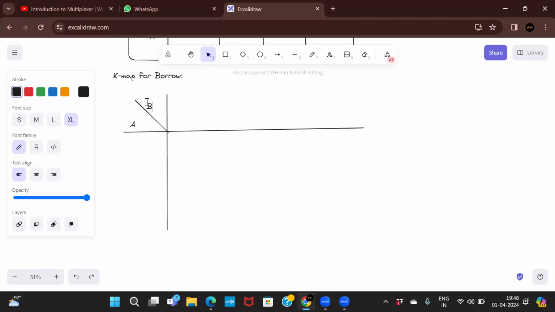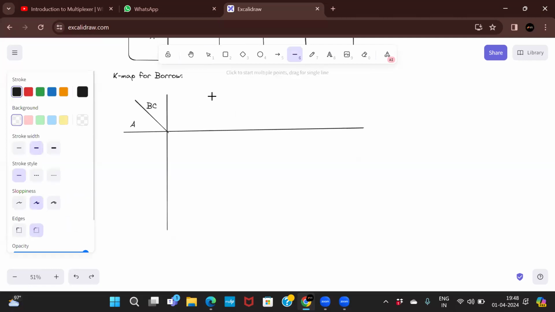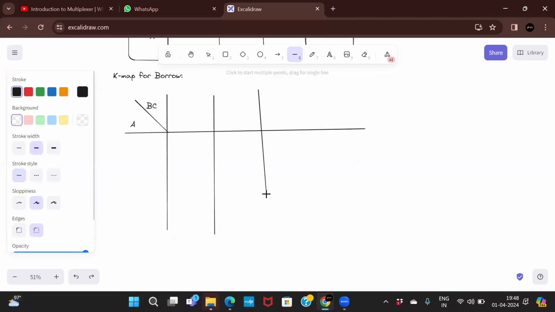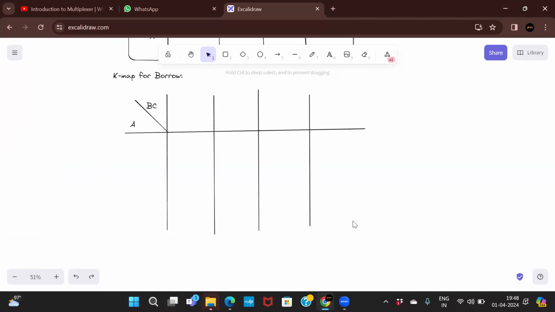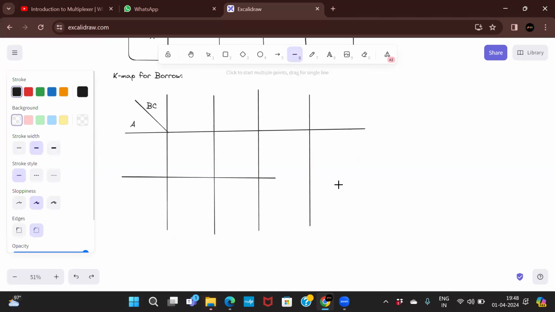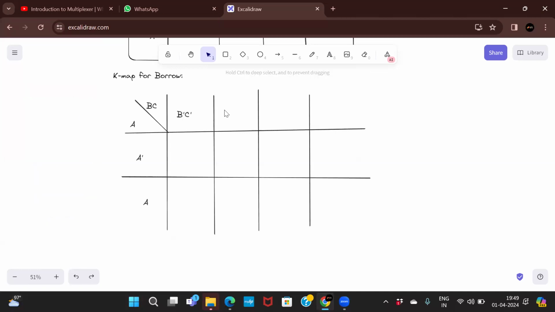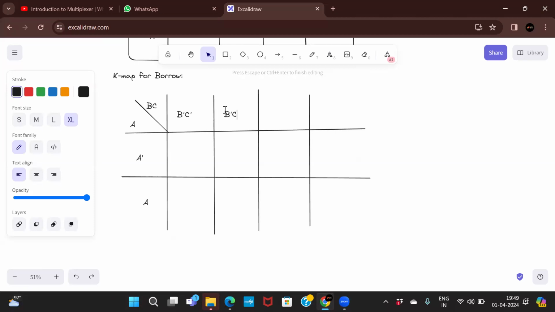A, B C. A dash, A dot C, B C and B C bar.